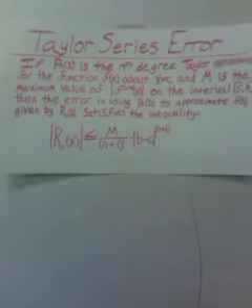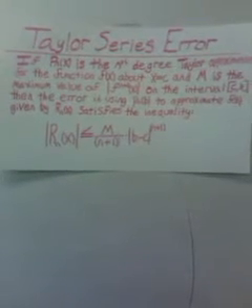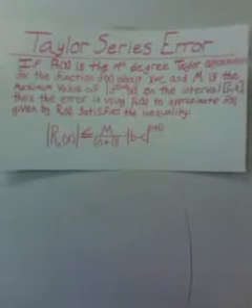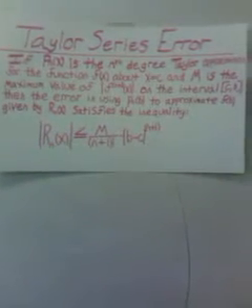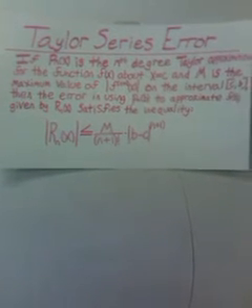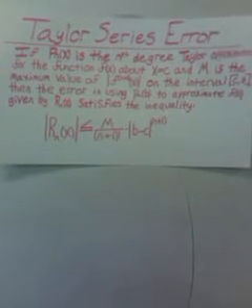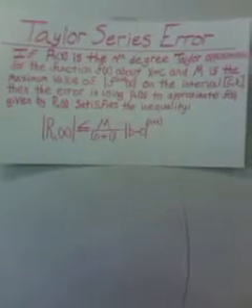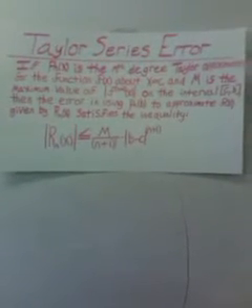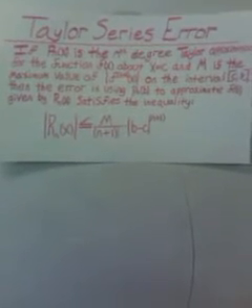So if Pn of x, the polynomial approximation of f of x, is the nth degree Taylor approximation for the function f of x about x equals c, that's the point our polynomial approximation is approximating f of x at, and m is the maximum value of the absolute value of the n plus 1 derivative of f of x on the interval c to b, with c being the point at which our polynomial approximation is generated and b being the point we're trying to examine.